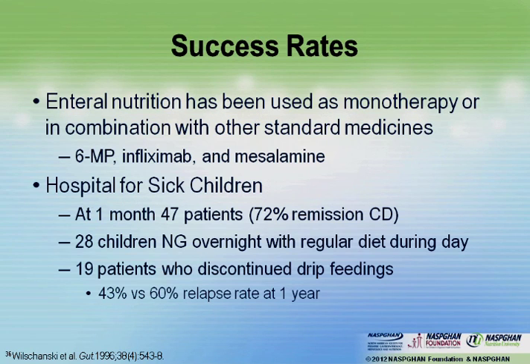Of those 47 patients who persisted with the diet, 28 children continued with their NG feedings despite having a regular diet during the day. 19 patients discontinued their drip feedings. You saw a 43% versus a 60% relapse at 1 year. So those even receiving supplemental feedings at night seem to lend to a more positive outcome for those patients compared to those patients who just stopped the feedings.